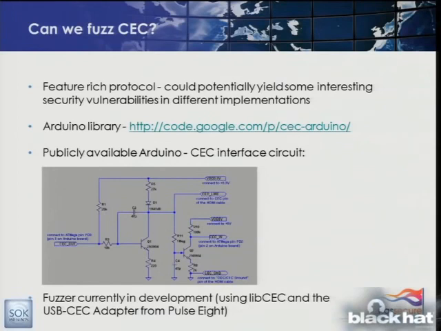There's also one from a company called Pulse8, and they've developed their own library called libcec that communicates with that. I'm in the process of developing a CEC protocol fuzzer using libcec. Unfortunately, it's not in a state in which I can release it, but once it is, I will be publicly talking about it and releasing it so that you can all play with it.